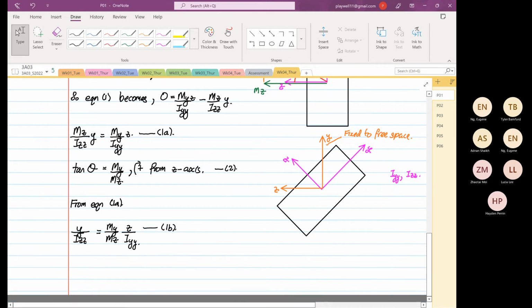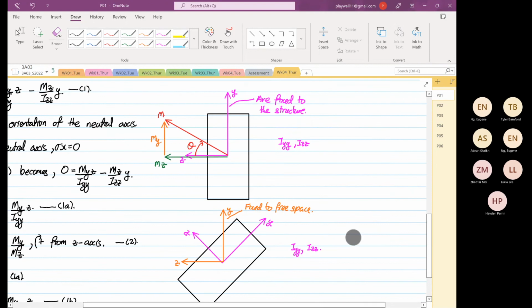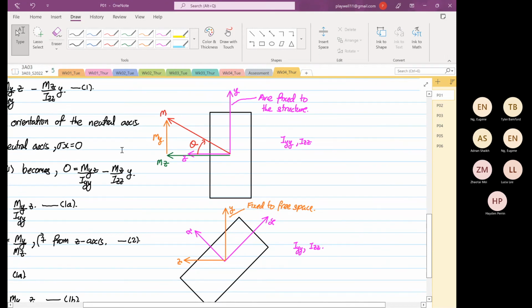Okay, so we substitute equation 2 into equation 1b. We will have the expression that y over Izz is equal to tangent theta z over Iyy. Okay.